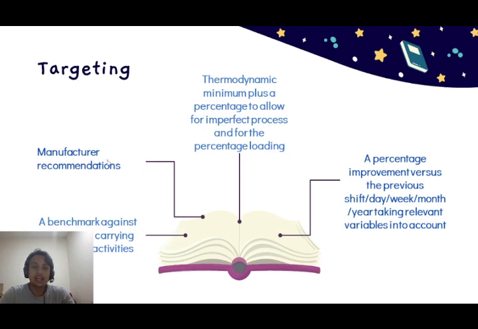Then we can use manufacturer recommendation, a benchmark against companies carrying out similar activities, and the last one is a percentage improvement versus the previous. Shift, day, week, month, year is taking relevant variable into account.